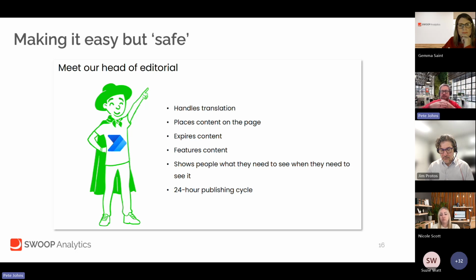From an employee experience perspective, it's that classic mantra in customer experience of don't make your problem the customer's problem. And they've really applied it here nicely using Power Automate to build something that can handle translations, place content on a page, expire content, feature content, and it essentially manages their 24-hour publishing cycle as a global organization.